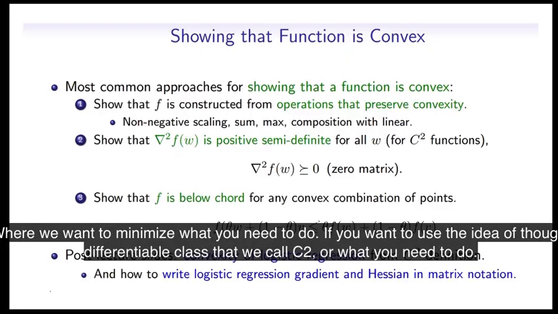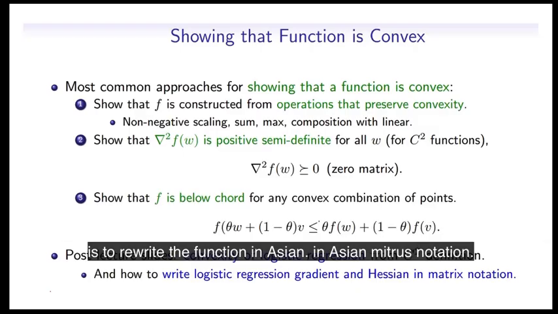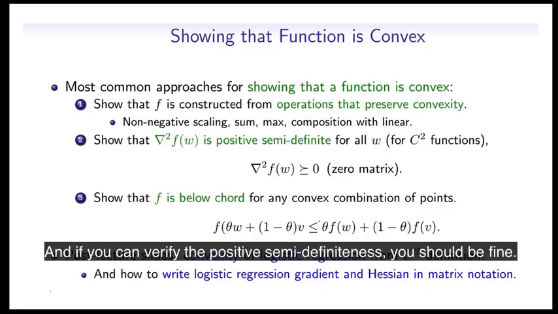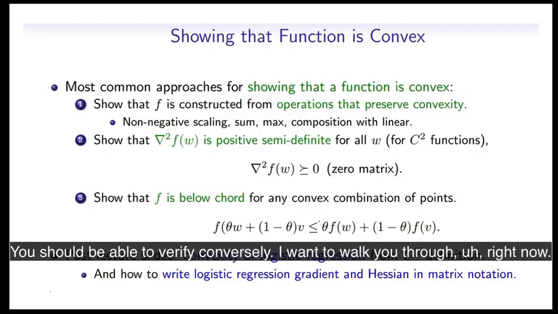If you want to use the idea of the twice differentiable class that we call C2, all you need to do is to rewrite the function in Hessian matrix notation. And if you can verify the positive semi-definiteness, you should be fine. You should be able to verify convexity.